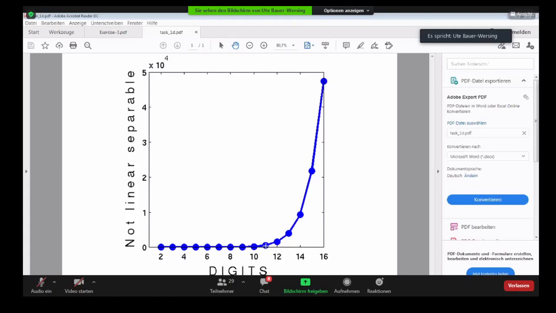For 11, the number goes slightly up, but the more digits we include, the larger our training sample gets, the higher the number of nonlinear separable partitions. And as you can see, the number rises quite steeply.